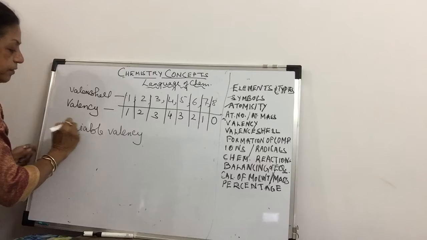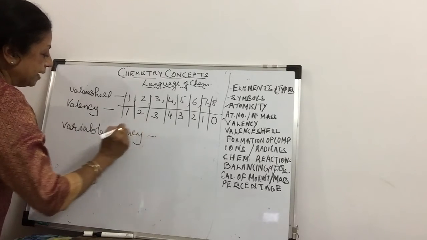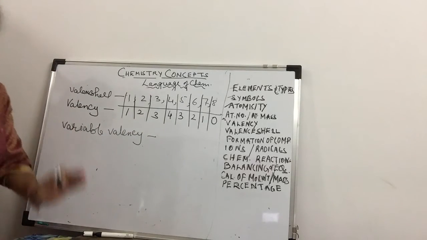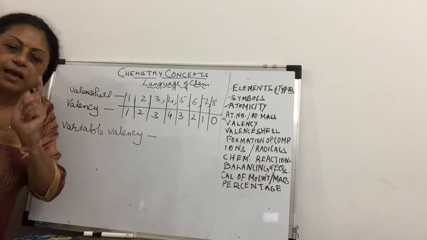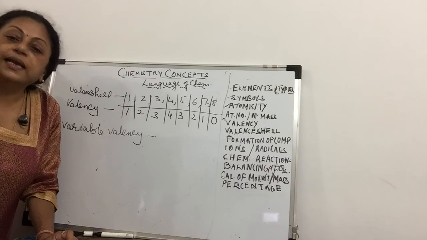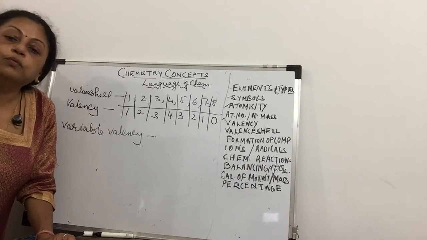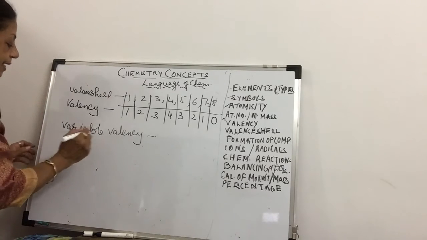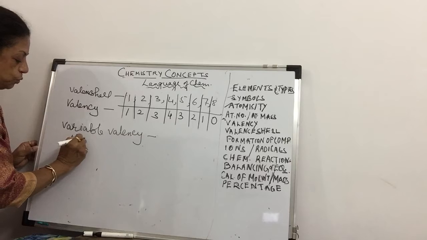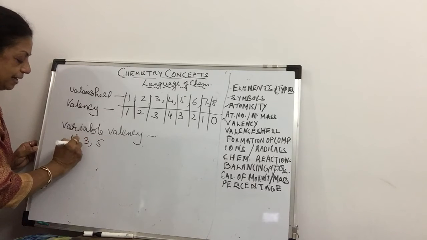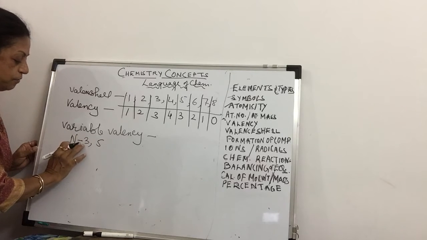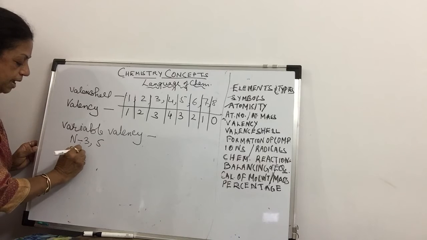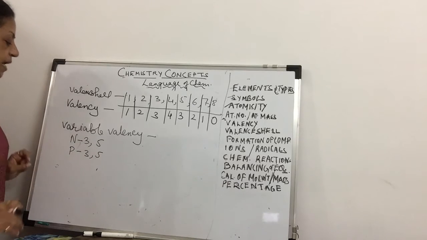There are some elements, most of the elements have got 1 valency. But there are certain elements which have 2 valencies. Suppose I take nitrogen, it has got valency 3 and 5. Phosphorus also has 3 and 5 valency.